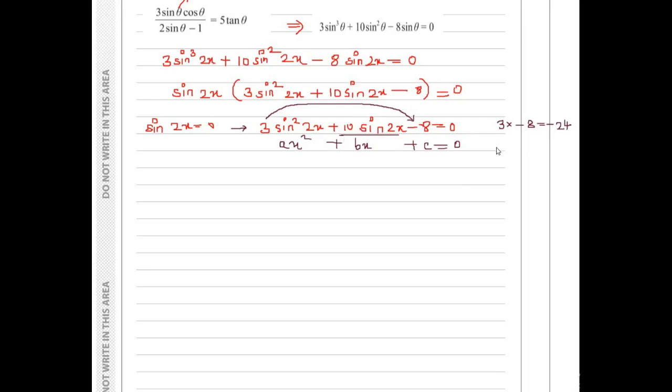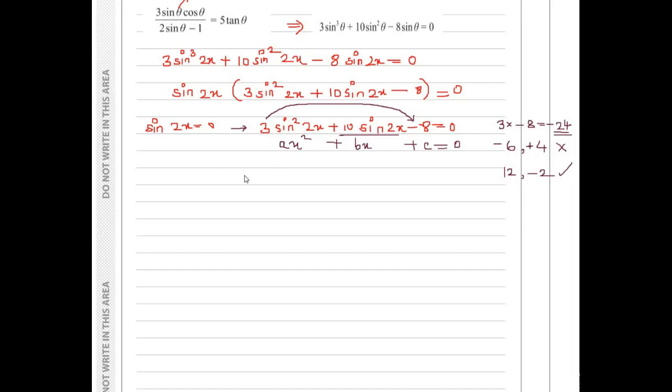The factors minus 6 and plus 4 add up to minus 2, so that is not the correct pair. The other factors could be plus 12 and minus 2. Multiplying 12 and minus 2 gives minus 24, and adding them gives plus 10. So these are the correct factors.